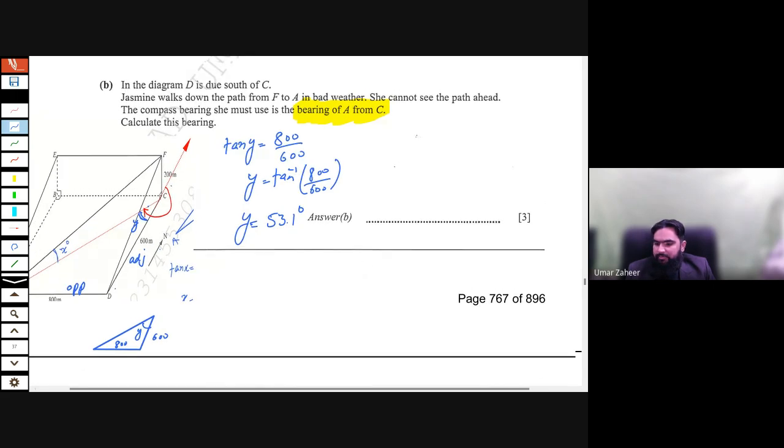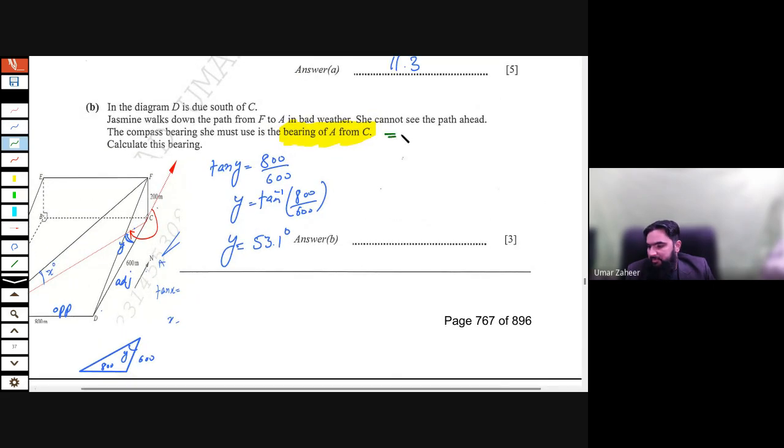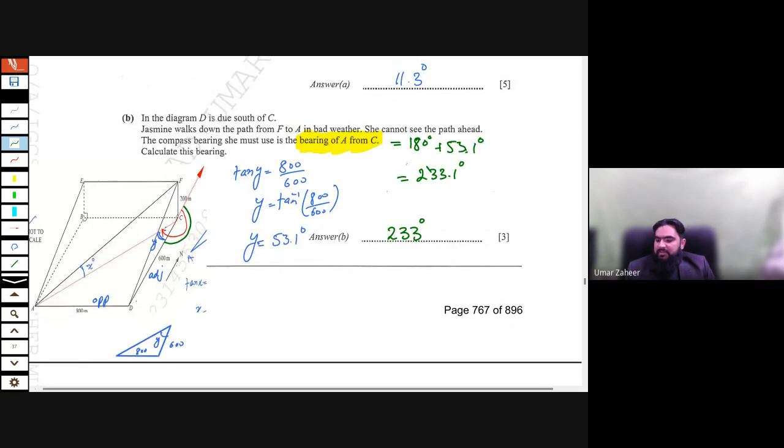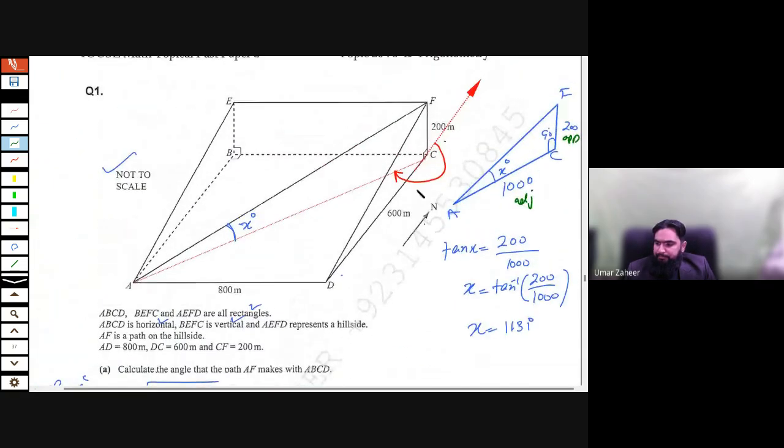So the bearing of A from C will be equal to 180, because it is a straight line, plus 53.1 degrees. The final answer is 233.1 degrees. And we know that we always have to write the bearing in three significant figures. So the final answer is 233 degrees. Yes, everyone. Any question up to here?